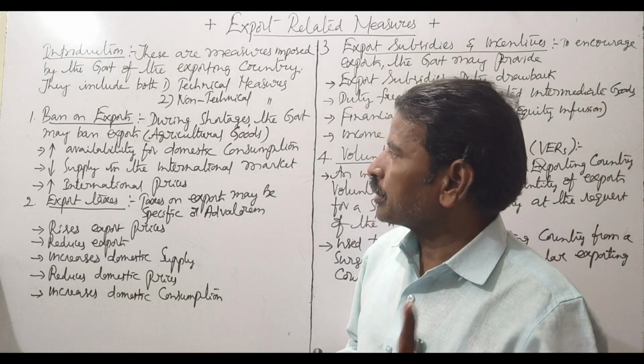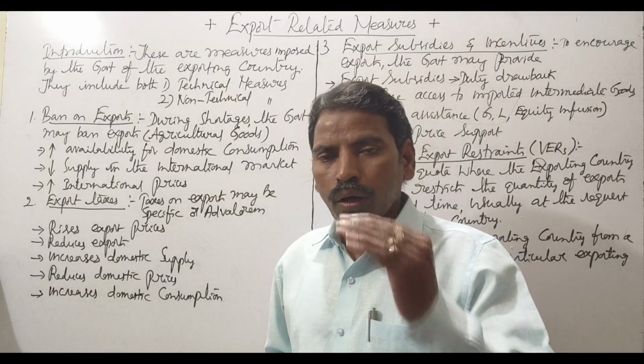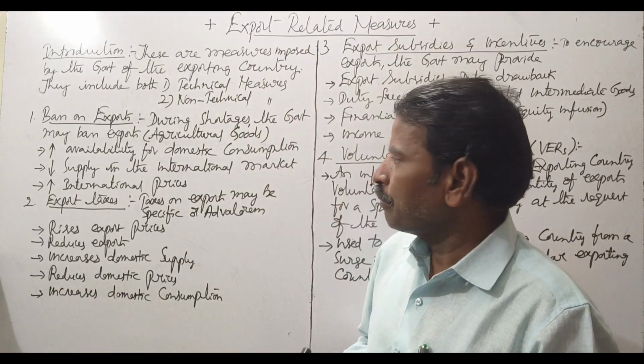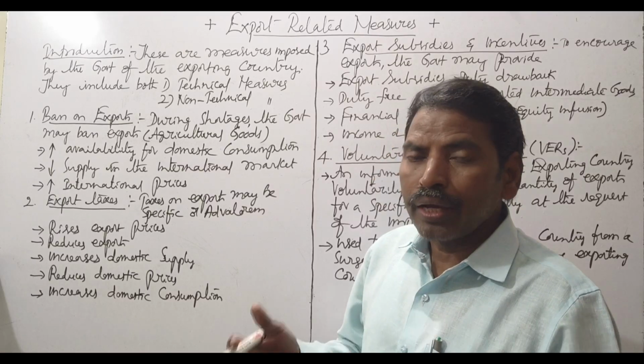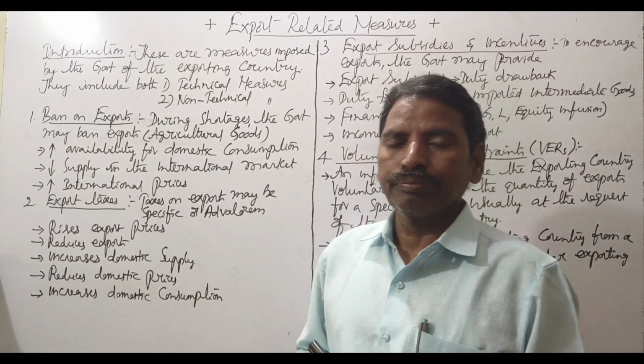Next, first of all, ban on exports. During shortages, the government may ban exports, especially agricultural goods.